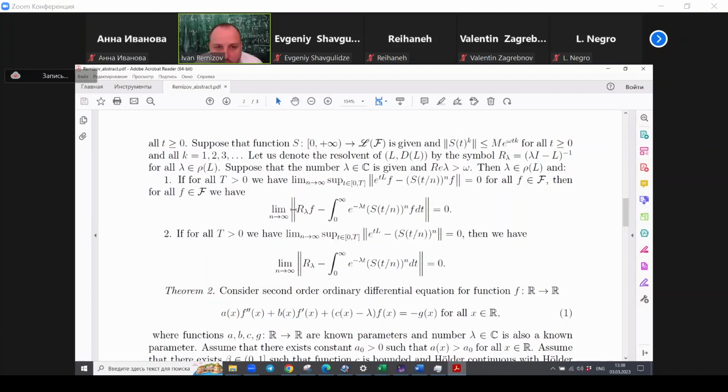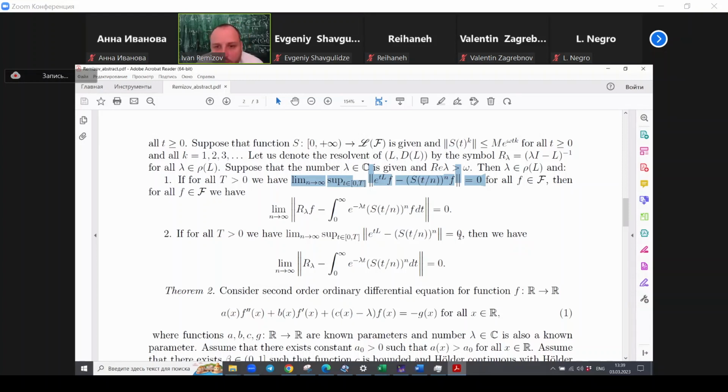Then if we have that condition, you see this is a corollary of Chernoff theorem. So if S is a Chernoff function for operator L, then we have that convergence. So indeed, those approximations, which I can call Chernoff approximations for the resolvent, indeed they converge to resolvent.